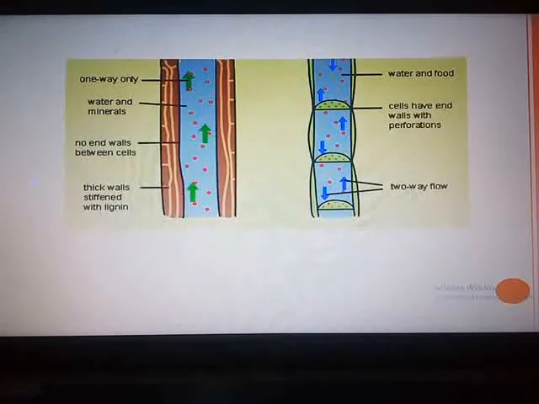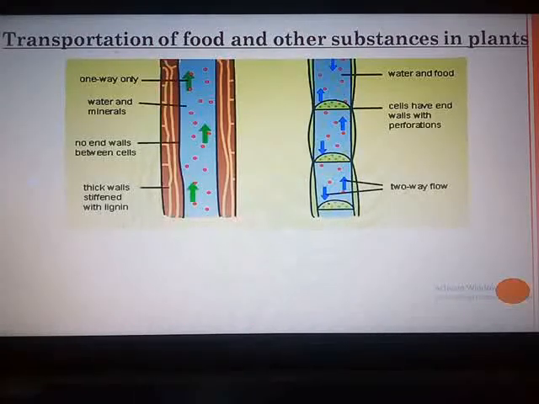Transportation of food and other substances in plants. Now, the food which is produced in the leaves is transported to each cell in the plant body. It is the leaves which help in the manufacture of food for the plants, and this food produced in the leaves is transported to each cell in the plant body.